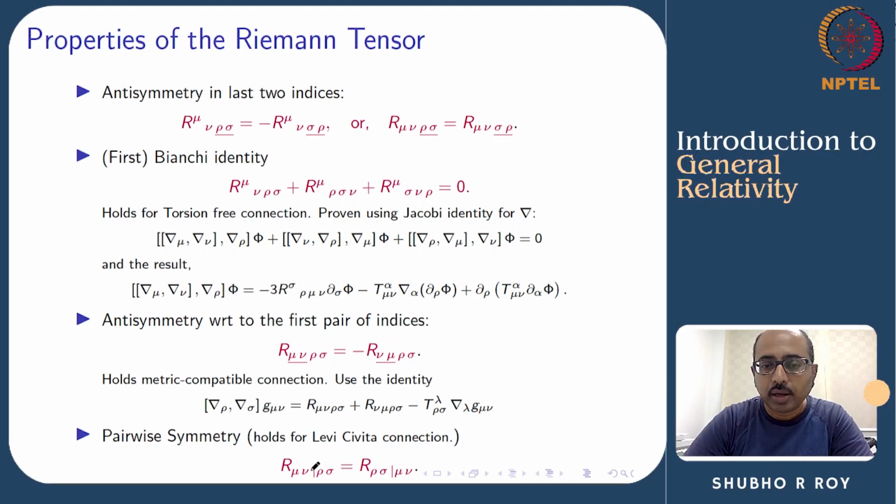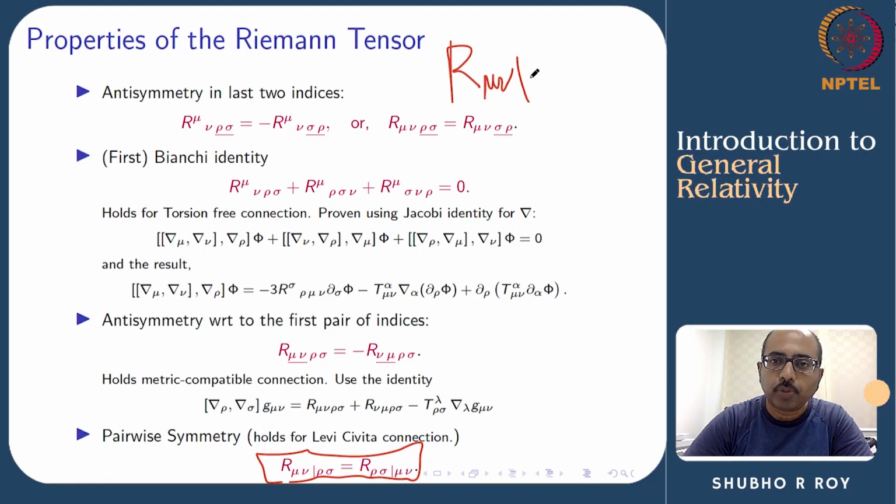If you look at the indices, I hope it is visible to everybody, I will write it here. I have the first pair of indices, and I'm going to swap it with the second pair. Rho sigma first and mu nu second is equal to mu nu first and rho sigma second.